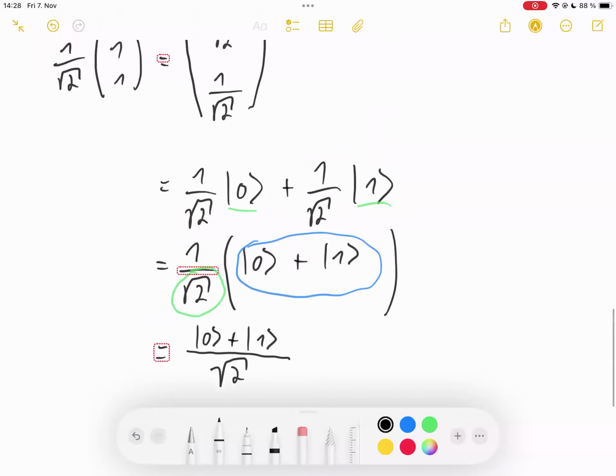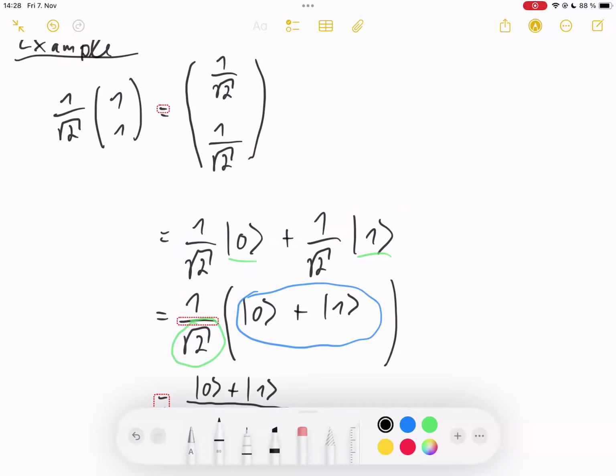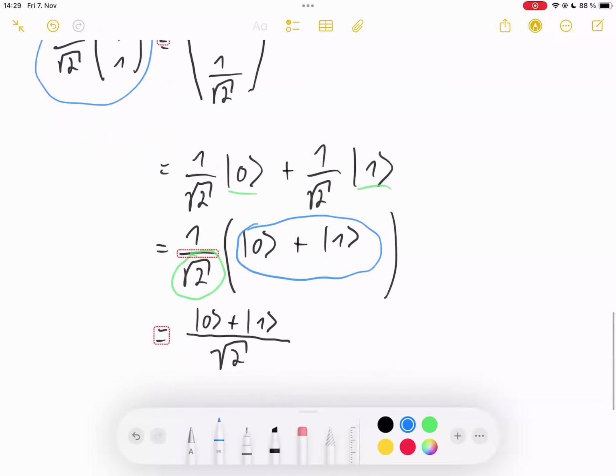And this is in fact a very common qubit that you will see quite often in this course, because it's a so-called equal superposition, because I have these equal probability amplitudes. They are complex numbers, but here we only have a real component. And this is in fact a state we would often start with in a quantum computer when we create first a superposition, and then we use more advanced gates for manipulations.